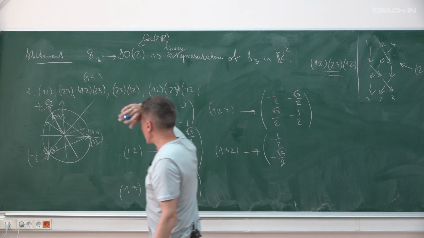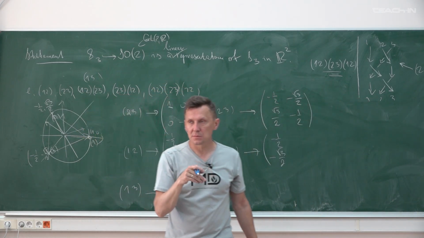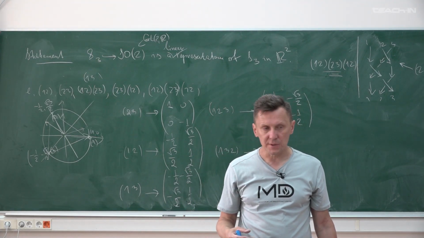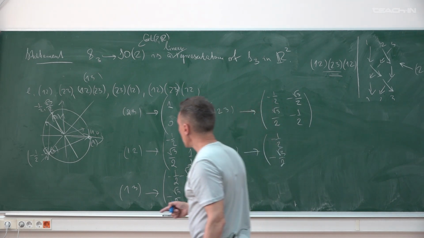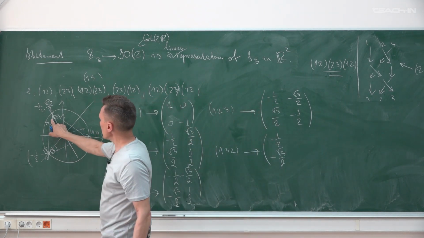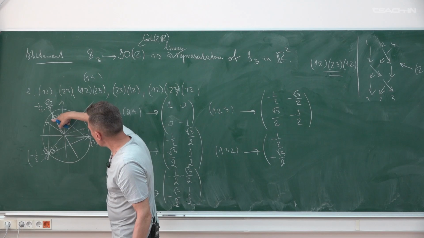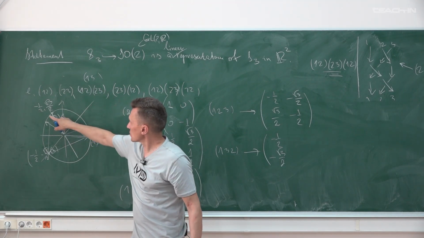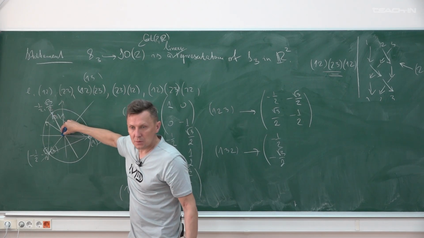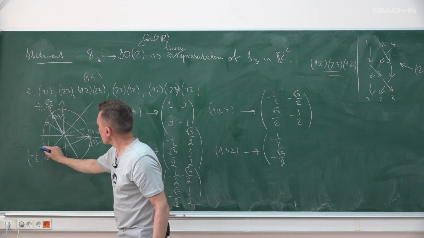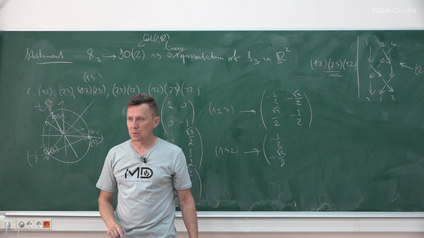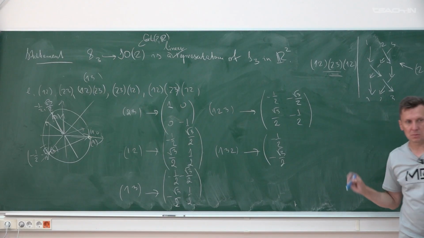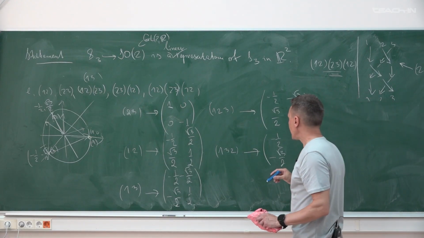It's the positive rotation, the case of 2 pi over 3. Yes, yes. So the first vector goes to this one. The first basis vector goes to this one. Okay. And the second goes to this one. It is not of trace 0, but it's okay.